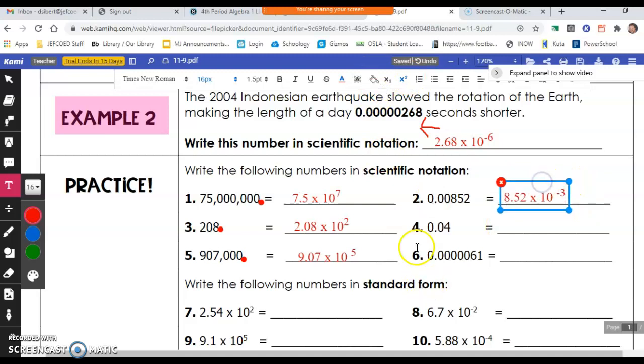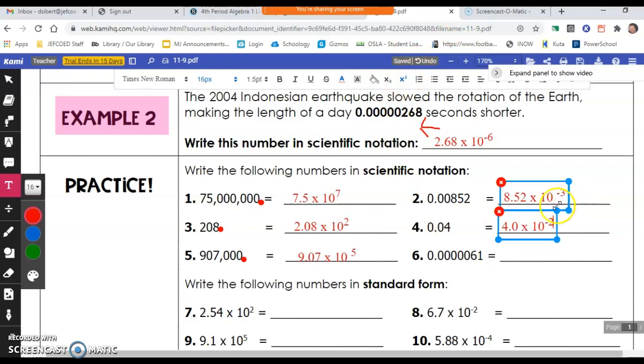All right. And then we start looking at number 4. Pretty simple. 4 will be 0.0, and you can put the decimal 0 if you like. It's not going to change the end value, times 10 raised to the power of negative what? 2.